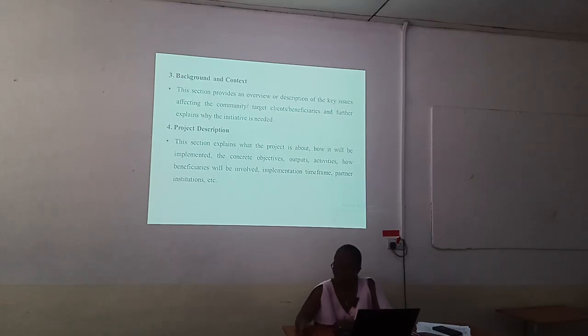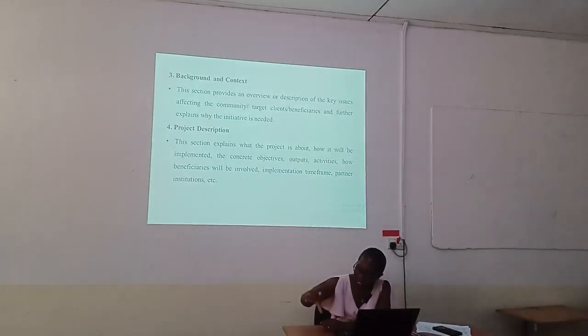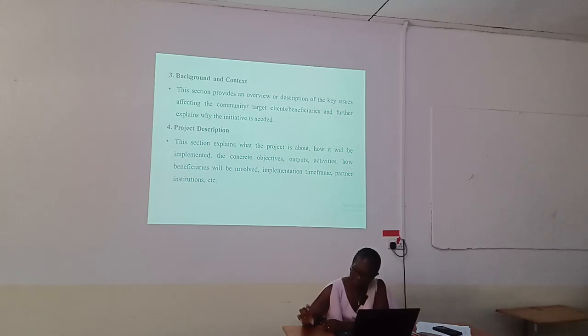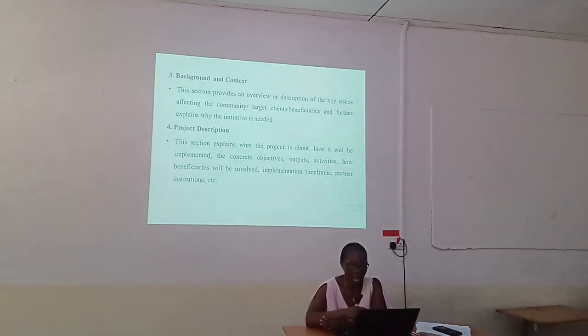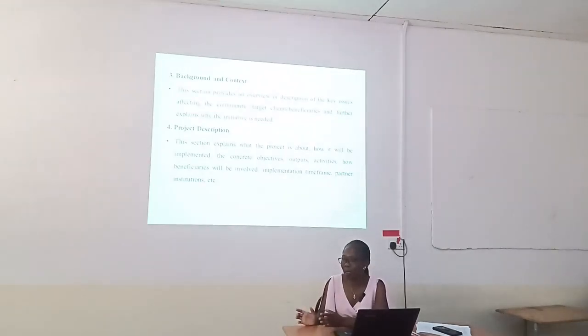I'm sure you were taught that if you're doing academic research, during the plan section, you include the time frame and how beneficiaries will be involved. Because when implementing a project, it's not just that you want to help the people and bring it there.